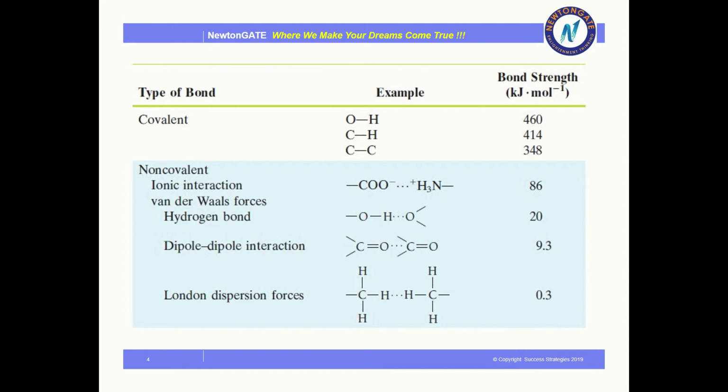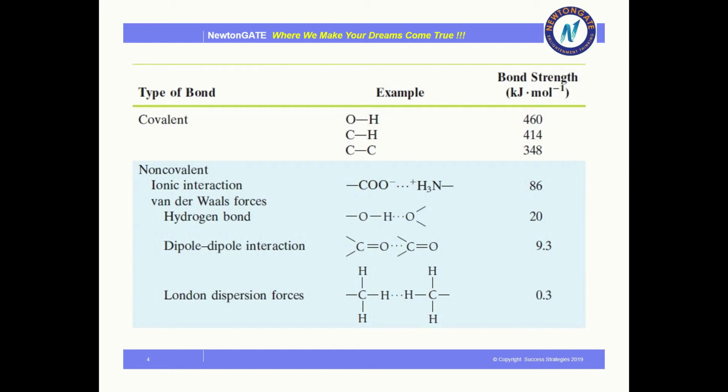And see the corresponding bond strength. So what will the bond strength show you? It will give an idea of the amount of energy that is required to break the bond, right?